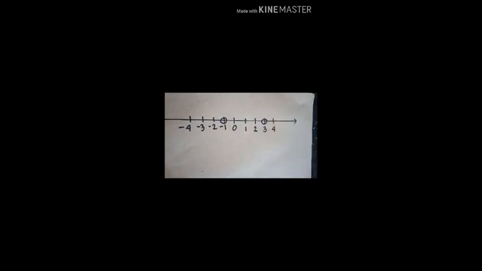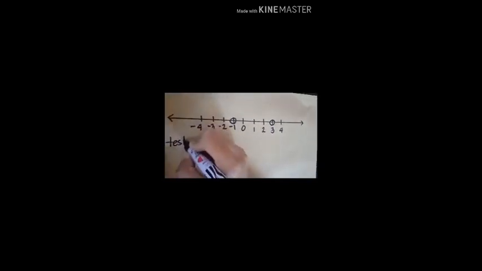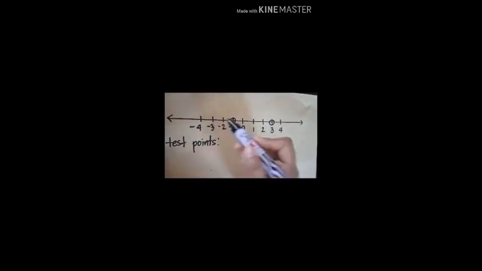So, from there, kukuha tayo ng representative ng bawat region. We are going to identify or select our test points or our test value. So, dapat well represented yung number line natin. Dito sa region na to, let us have negative 2.